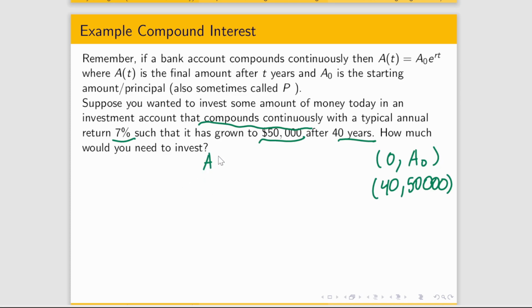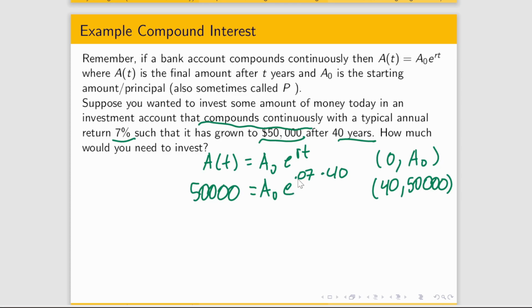So let's go ahead and start to plug in what it is we know. We know our final amount we want is $50,000. We don't know how much we plan to invest yet. We know our rate of return is 7%, and we know we're going to invest it for 40 years. Now, what would I have to do in order to solve for that initial amount?